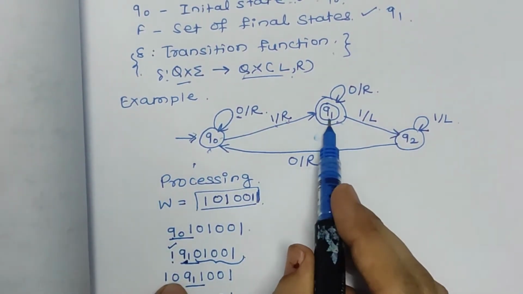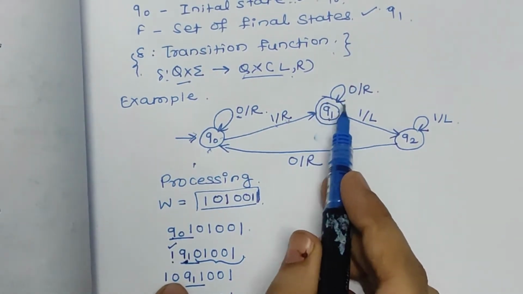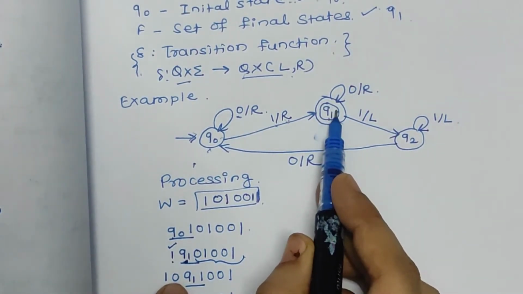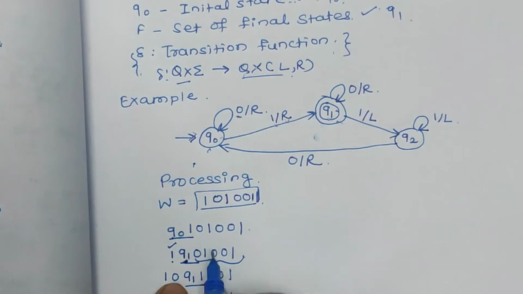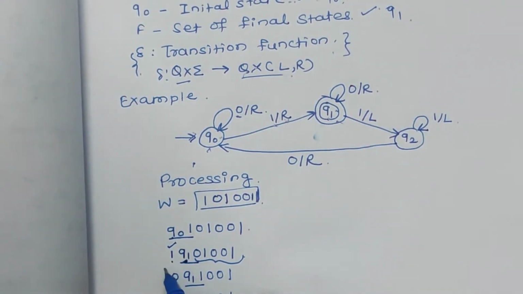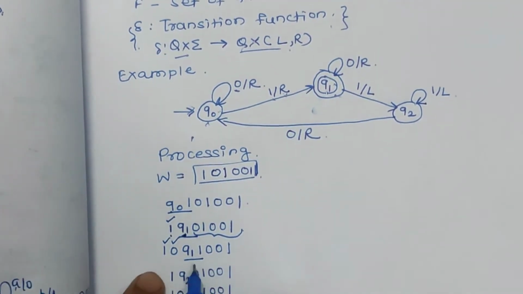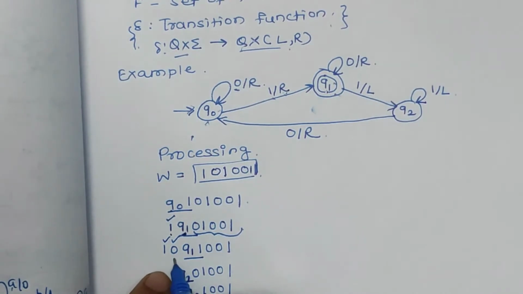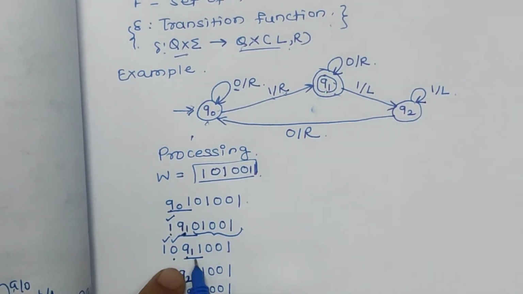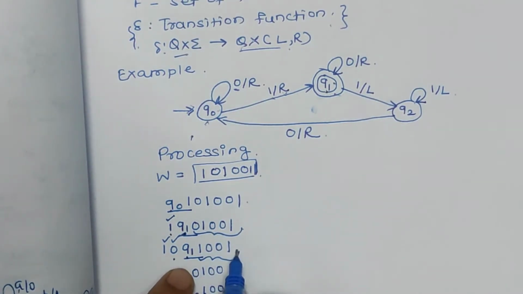Again in state Q1, if we provide input 0, the tape head will move towards right and we stay in state Q1. So 0 is processed now, that is, the symbols 1 and 0 are processed. We are in state Q1 and 1001 is to be processed now.